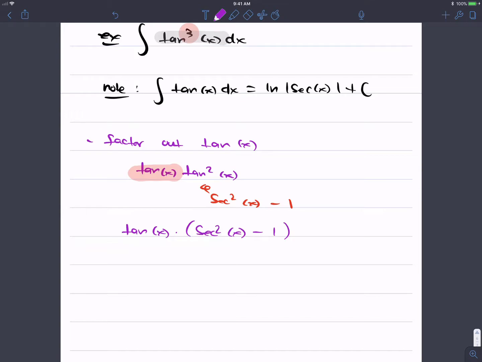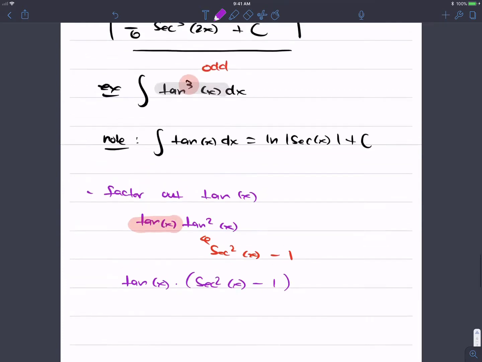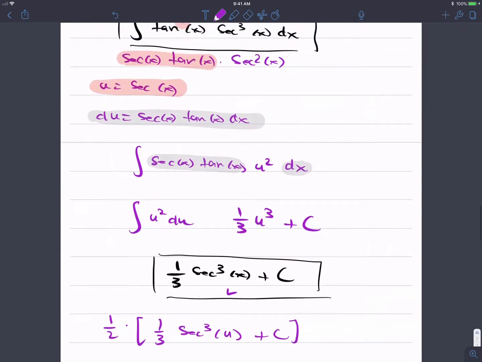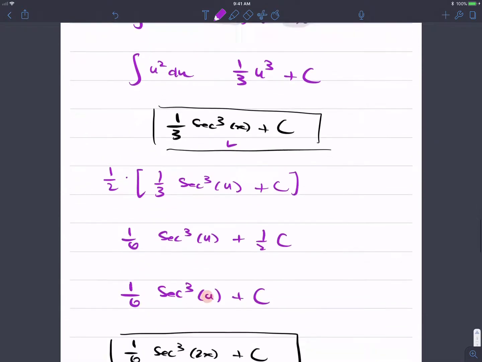Now, let's be careful here. Last time we said, in this case, let u be, we're going to have a problem here if we look at this. Looks like our u last time for these odd powers was secant.